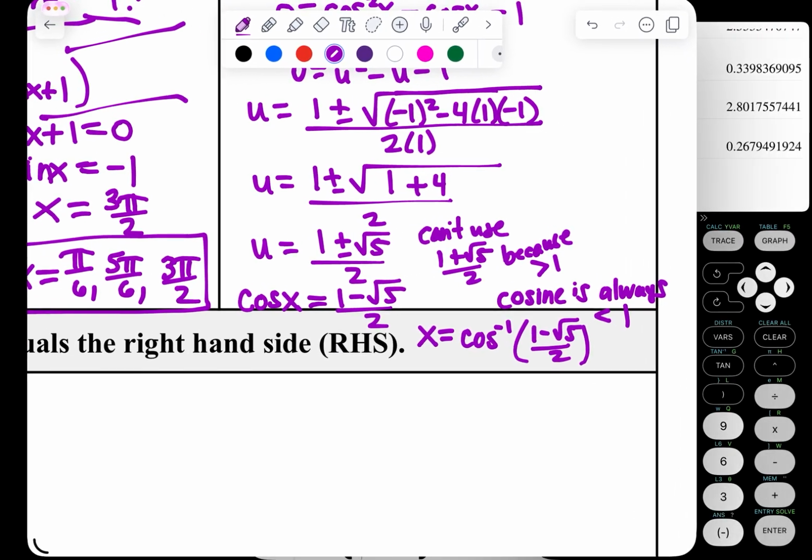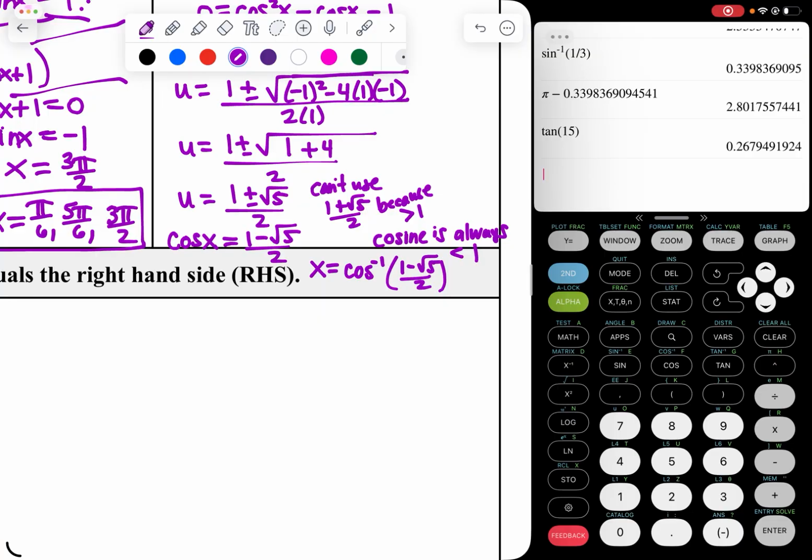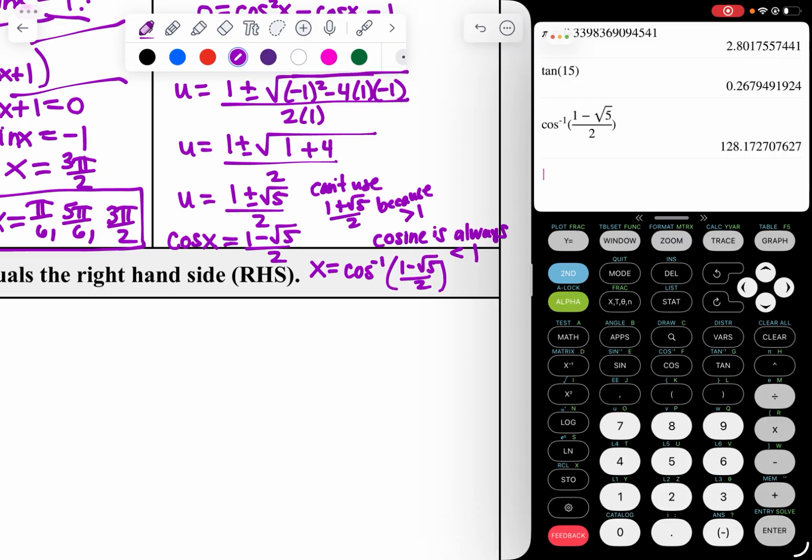I'll do second cosine to bring up the inverse cosine. And then I need my fraction bar. 1 minus second x squared to get the square root divided by 2.